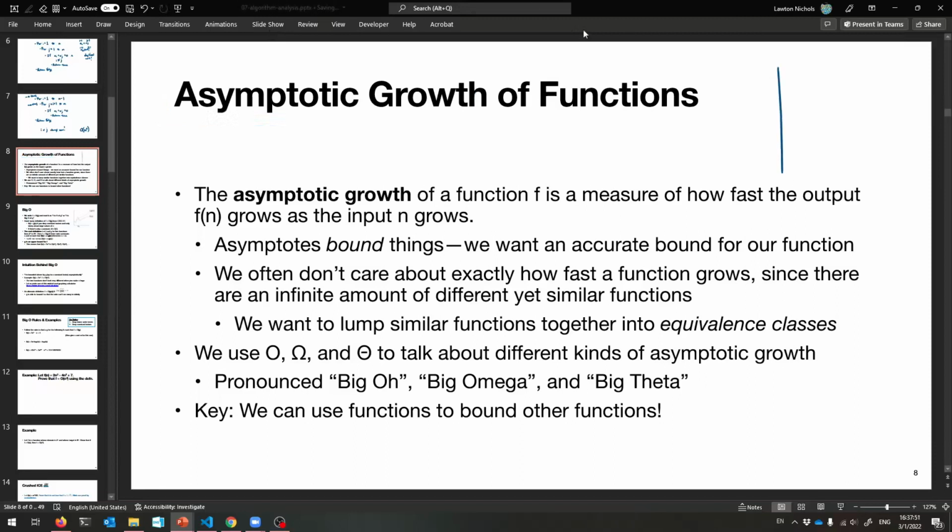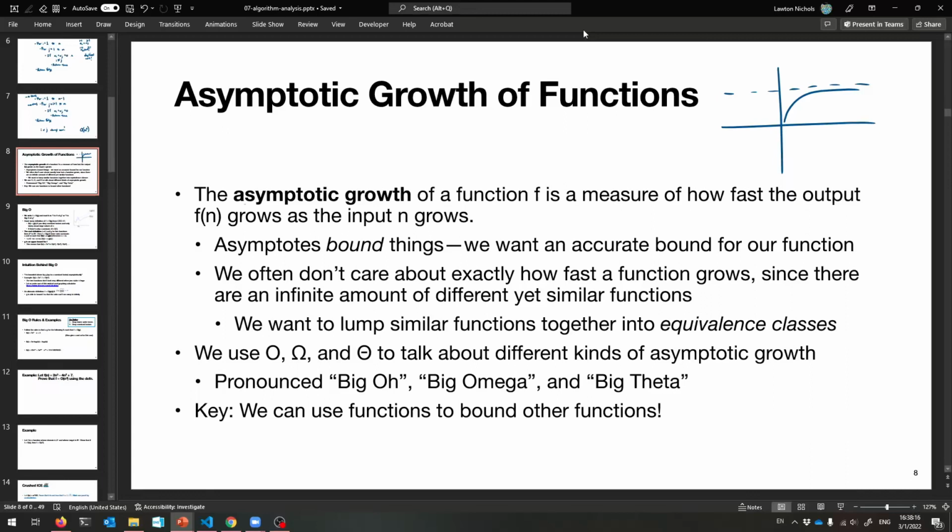So remember asymptotes from math class, it looks something like this, right? This is an asymptote. It's bounding how big a function's value is ever going to get. So that's essentially what we're doing when we use big O. We're giving a mathematical specification of how big this thing is ever going to get, how big the number of steps this program is going to take as the input gets bigger.